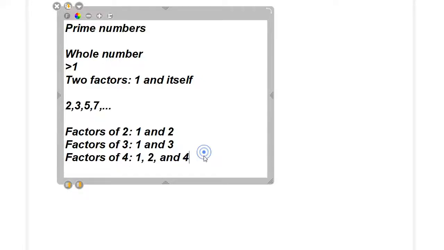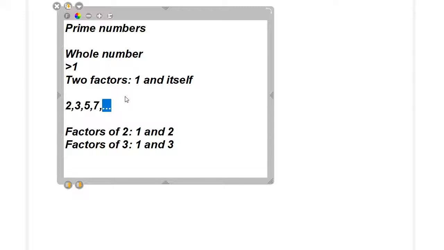So 4 is not a prime number. When we see 5, we will get the same thing, 1 and 5 only. There are no other factors. There's only 2 factors. So all these are prime numbers.